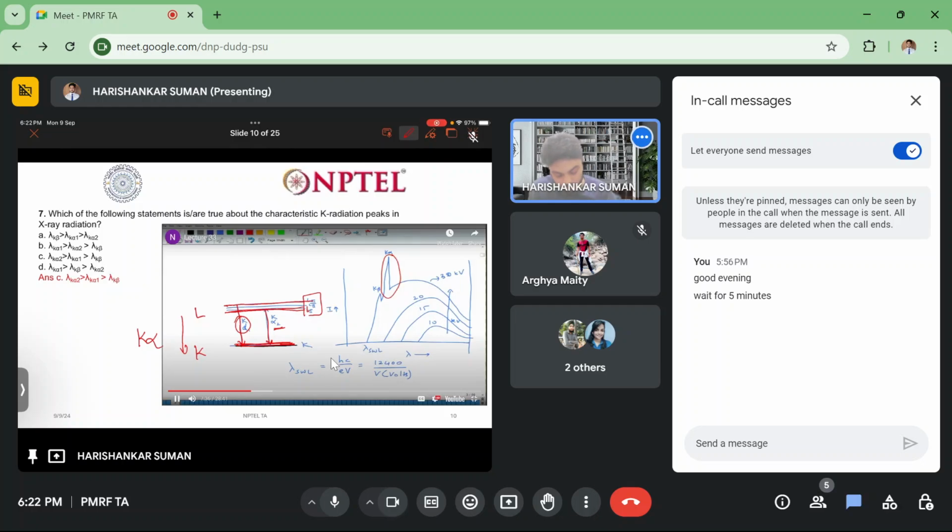So which is higher in energy? We can see the difference between K and L3: the transition from L3 to K is greater than L1 to K. So the energy is higher for K alpha 1 compared to the energy of K alpha 2.